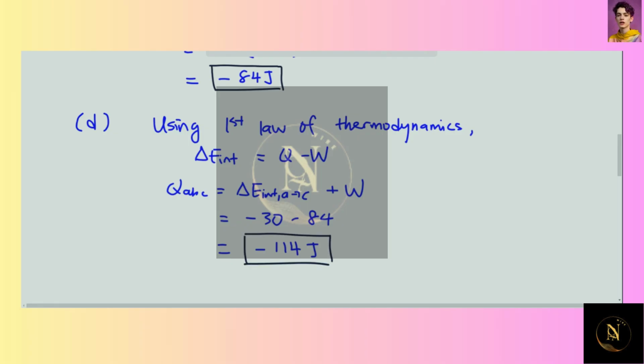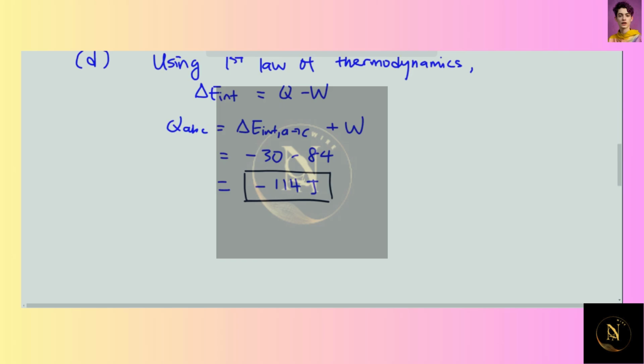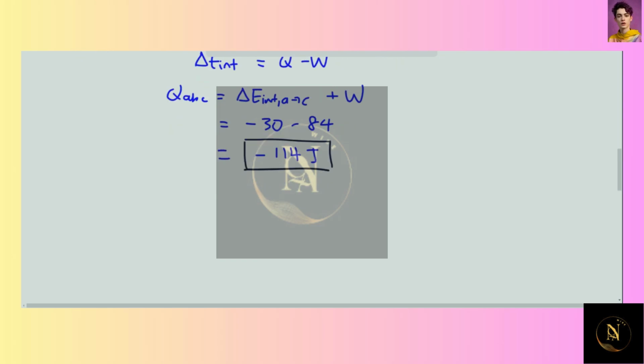And then in part E, we calculate the Q for the process BC. To do this, first we need to recognize that QABC is QAB plus QBC.